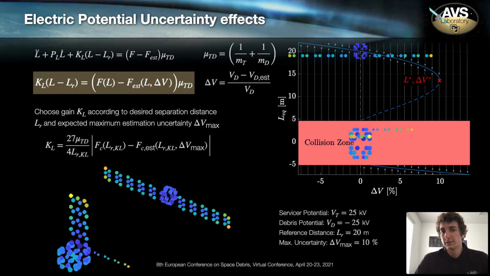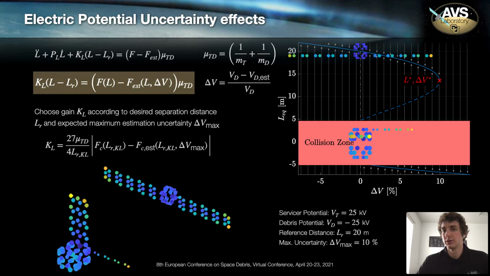If the estimation error is negative, then the controller essentially overpredicts the electrostatic force, and as a result, the separation distance between the two spacecraft is greater than the reference distance, which is 20 meters in this case.